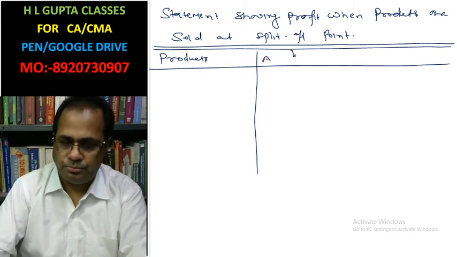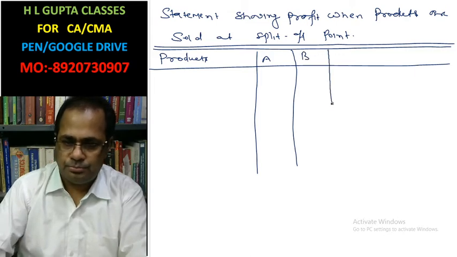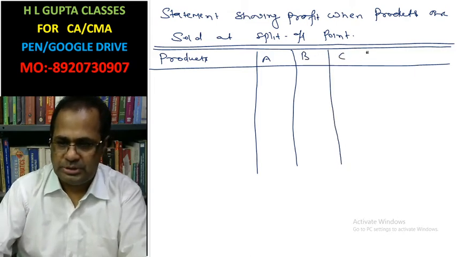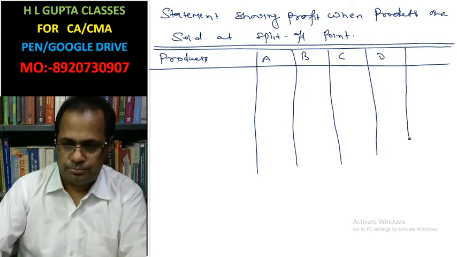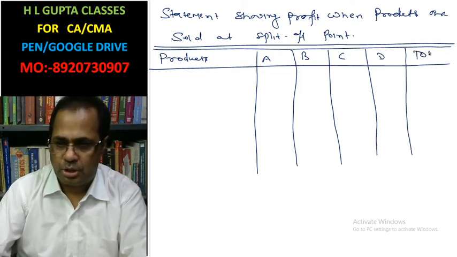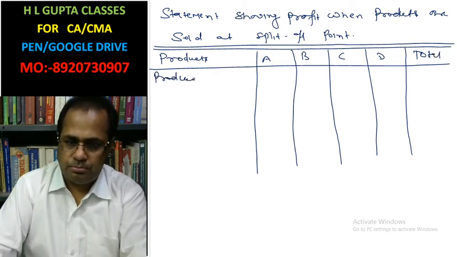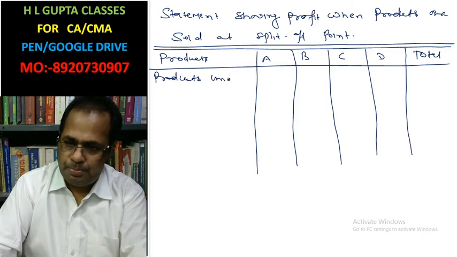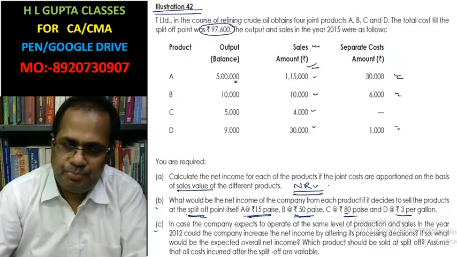A, B, C, D. This is total. Product units. Look at it. What are the product units you have?